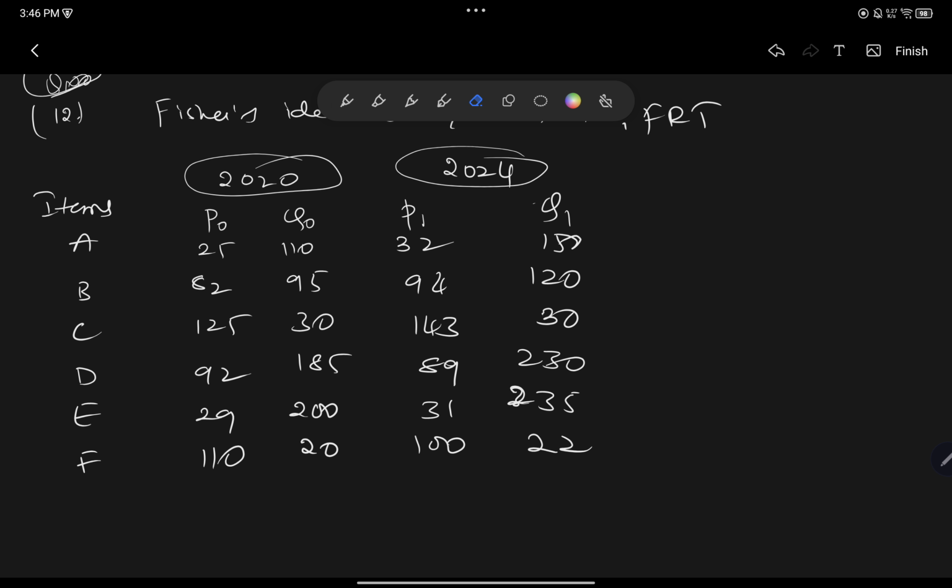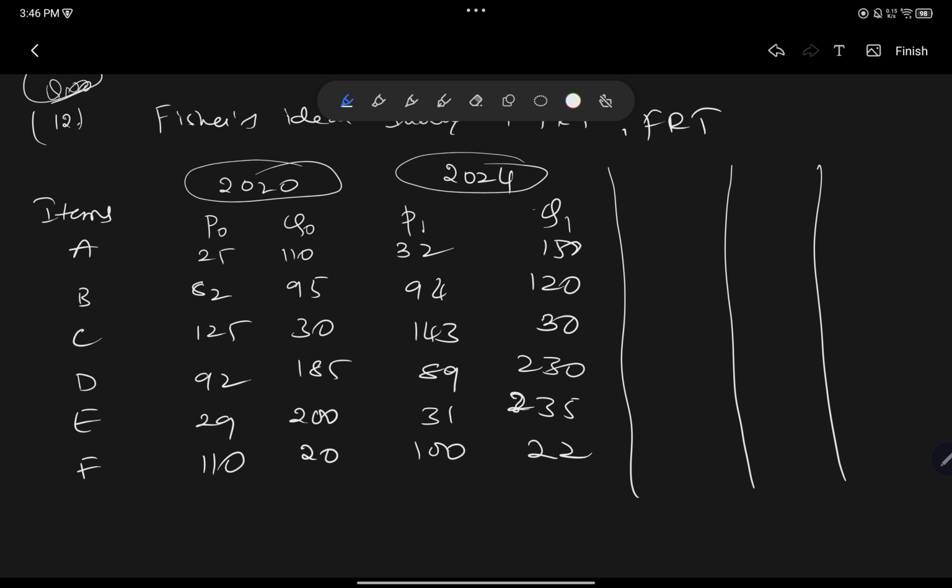With the same question which they have given, we need to put 4 columns. First we need to multiply P0 with Q0, P0 with Q1, P1 with Q0 and P1 with Q1. Like this we need to have 4 columns.